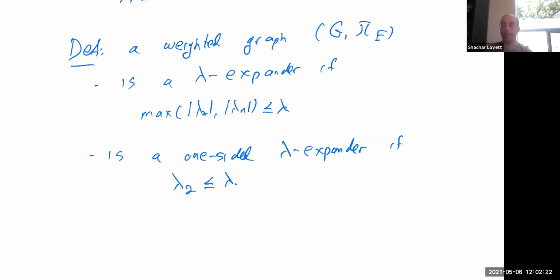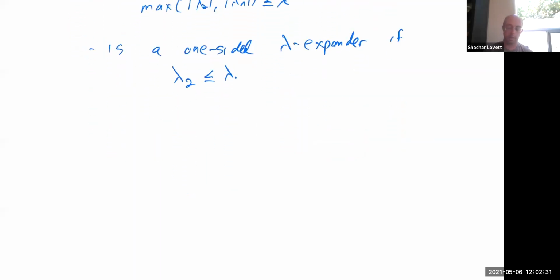And now finally, we can define high-dimensional expanders. There are going to be two ways we define expanders: a local way and a global way. So what would be a local way? Let me give two definitions here.